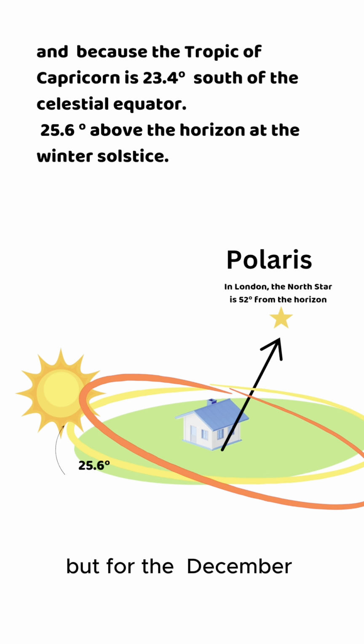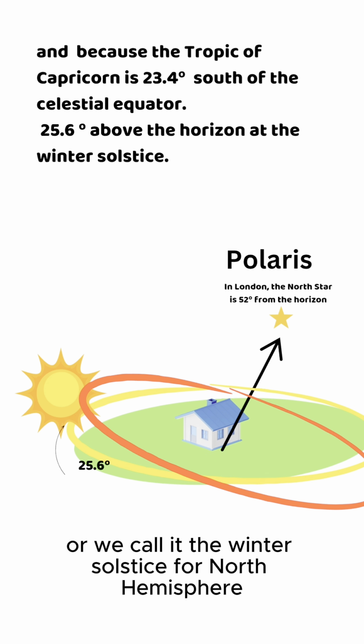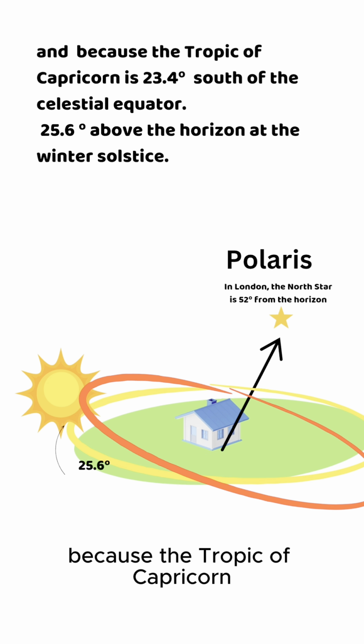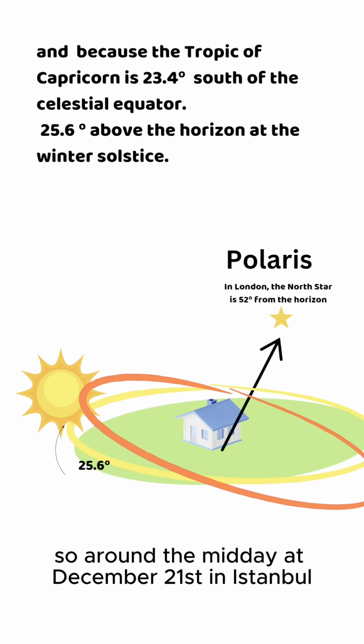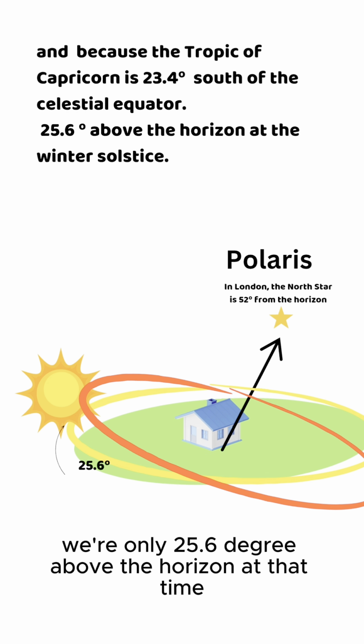But for the December solstice, the winter solstice for the Northern Hemisphere, the Tropic of Capricorn is 23.4 degrees below the celestial equator. So around midday on the 21st of December in Istanbul, the sun will only be 25.6 degrees above the horizon.